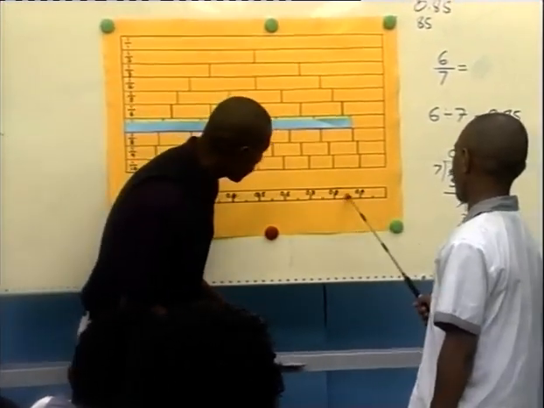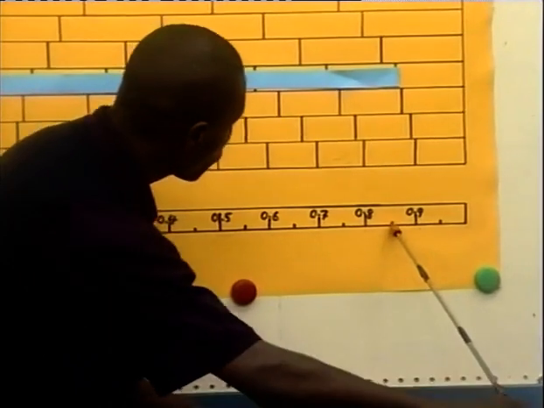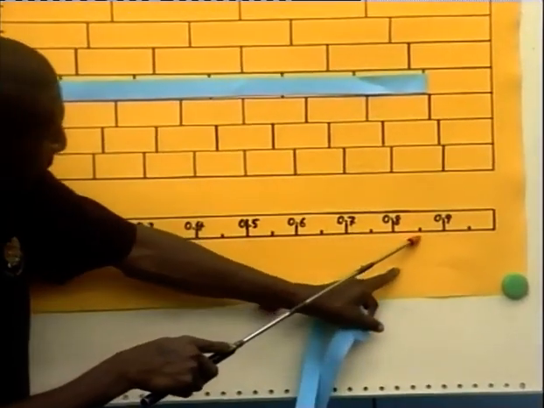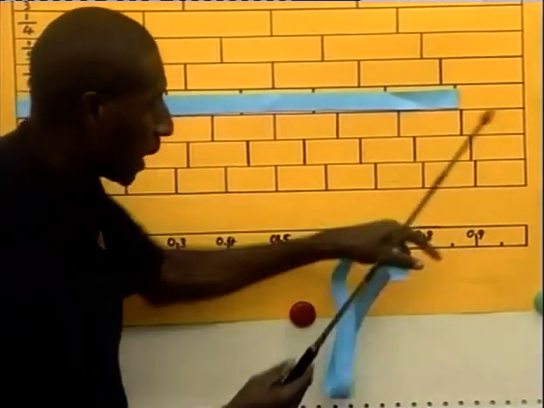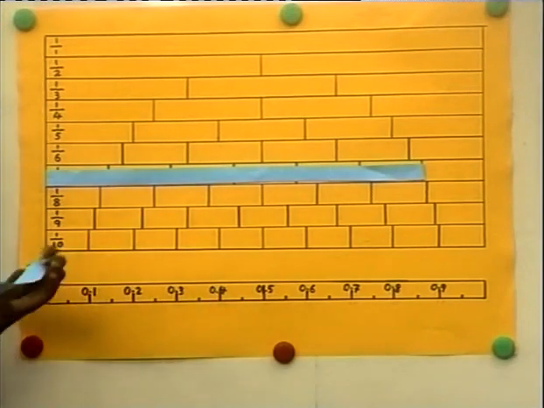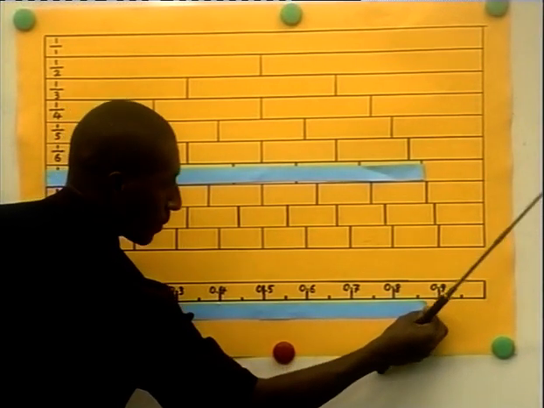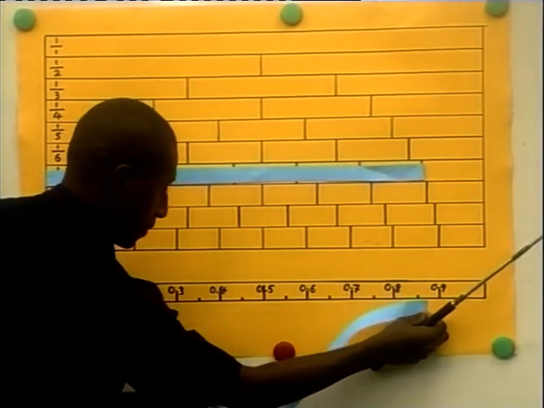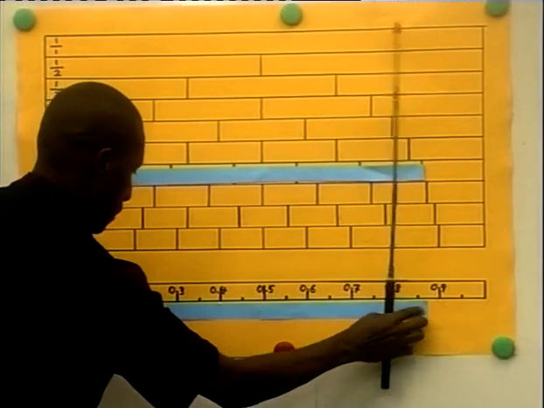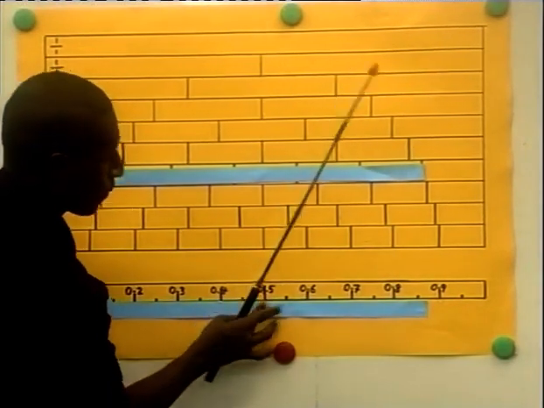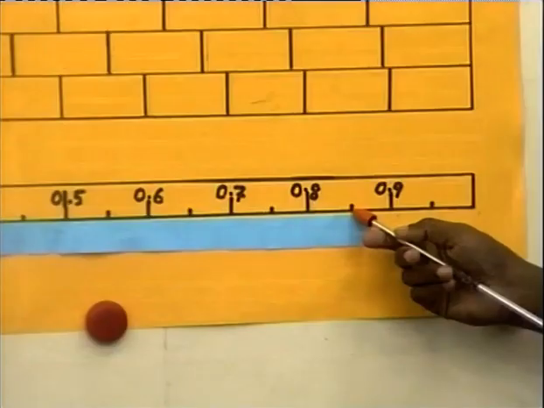Where is it? Okay. Class, your friend says here. Is it correct? Okay, let's see. I will put this and prove it. So your friend said 0.85 is somewhere there.